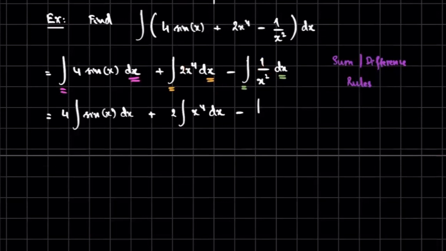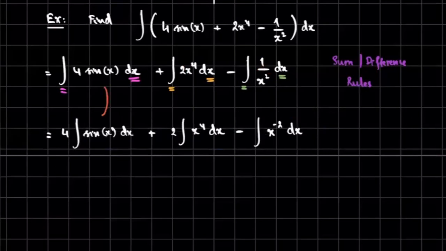That is the integral of x to the negative 2 dx. I just used the constant multiple rule here. For the last integral, I want to reiterate that I turned 1 over x squared into x to the negative 2, so that I can apply the power rule of integration.